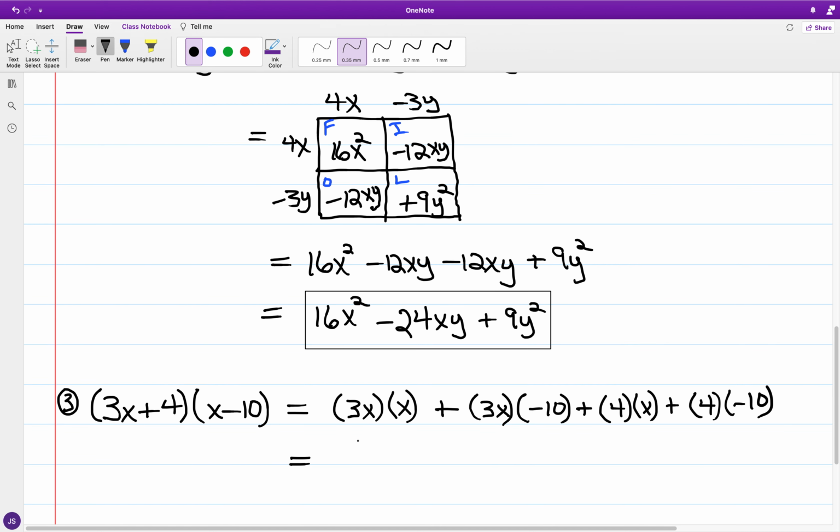Multiplying out, 3x times x becomes 3x squared. 3x times negative 10 becomes negative 30x. And we have plus 4x. 4 times negative 10 becomes negative 40.